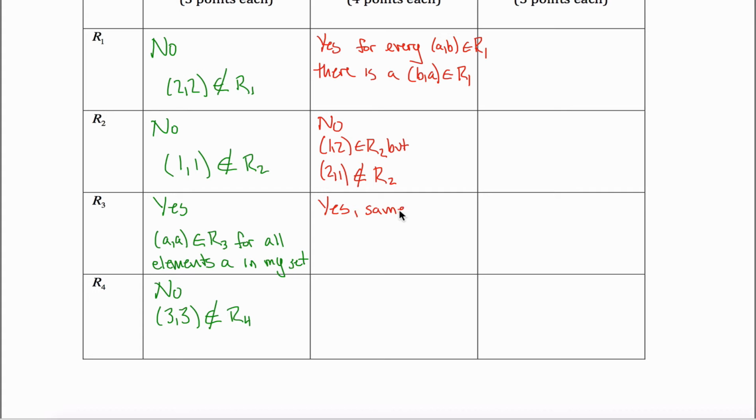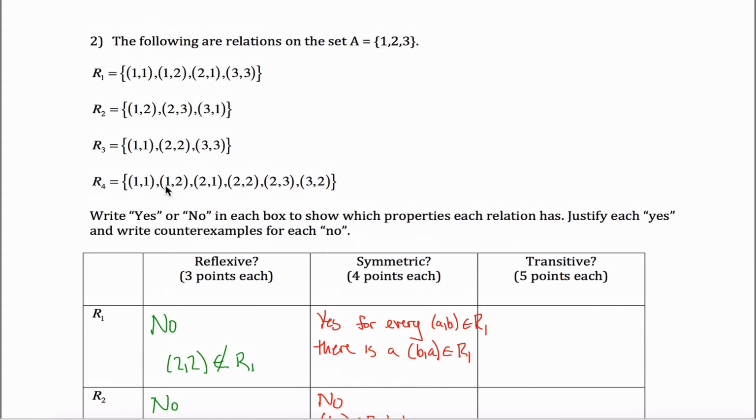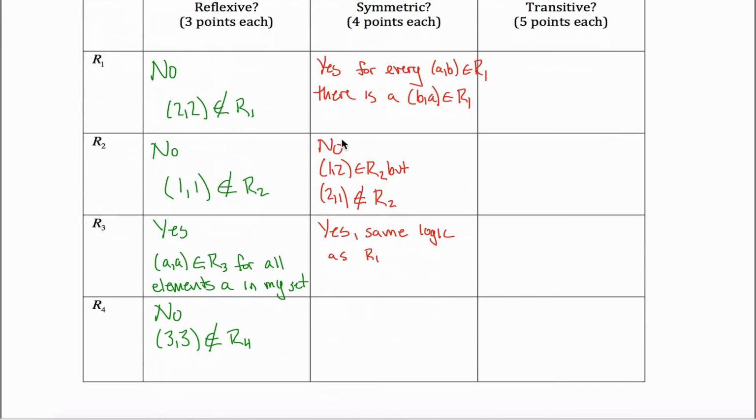Same logic as R1. What about R4? Well, let's see, 1 to 1, 1 to 2 has a 2 to 1, that's good, 2 to 2. 2 to 3 has a 3 to 2, that's good, yes. Same logic as R1.